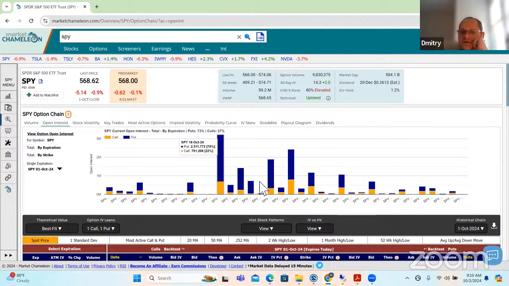The calls are in the yellow, and the puts are in the blue. We could see here that 73% of open interest in SPY is in put options, 27% in call options.